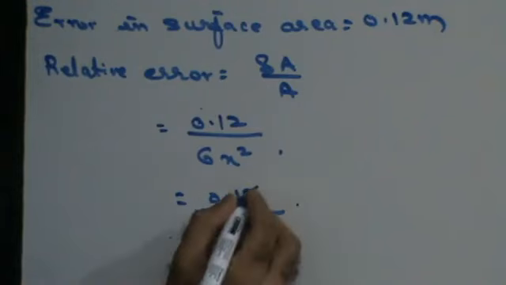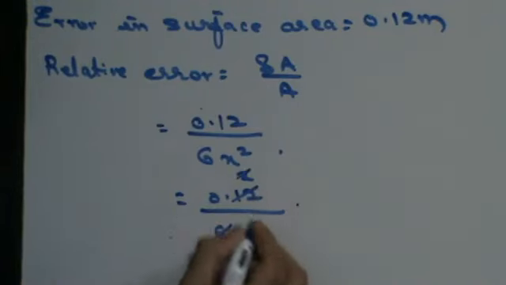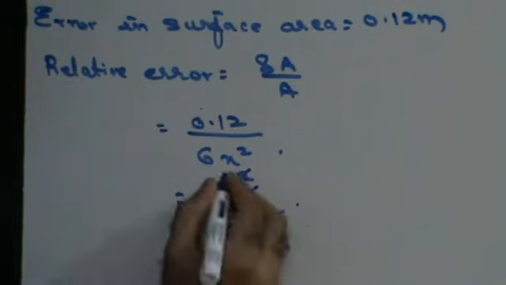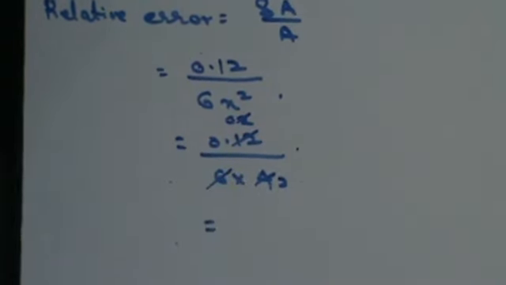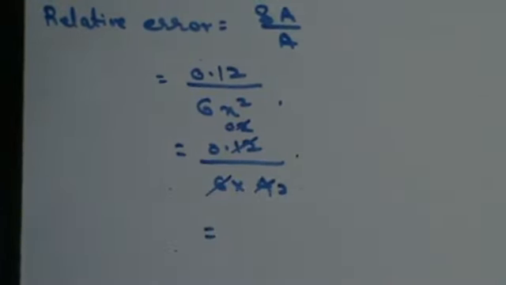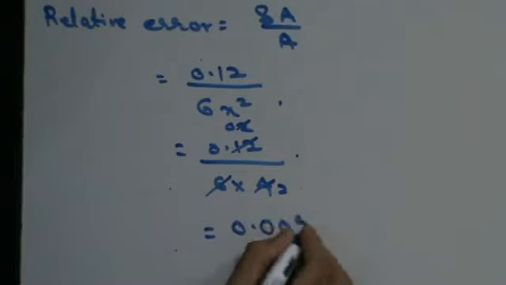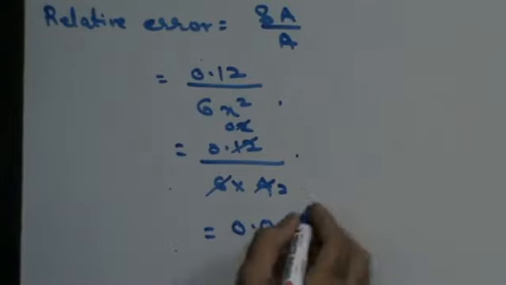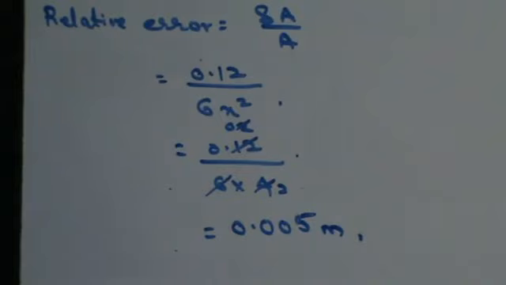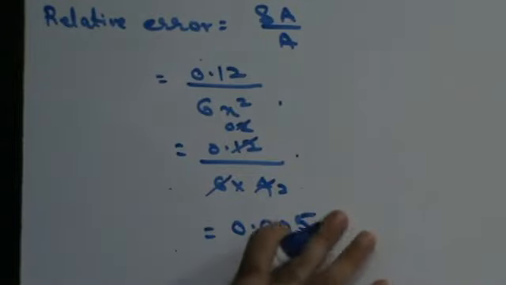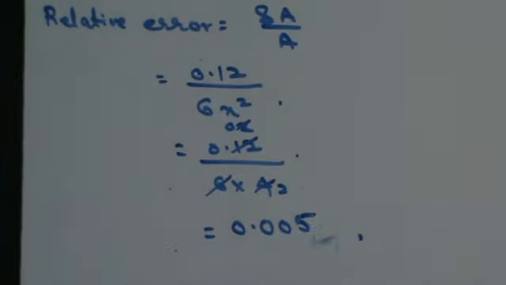When you solve this it will come out to 0.005. That is going to be my relative error in the measurement of area.